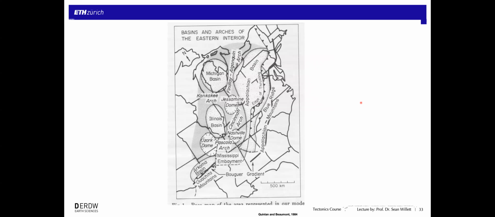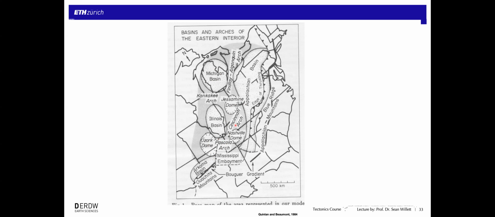So here, for example, is the Appalachian foreland system. In this case, we have a mountain belt out here, and there are a whole series of domes and basins out here in the foreland. These domes are a little curious. Some of them might have independent causes, like the Michigan Basin out here, which is a funny circular basin, or the Illinois Basin.